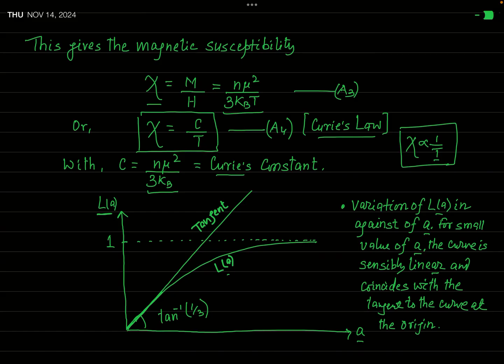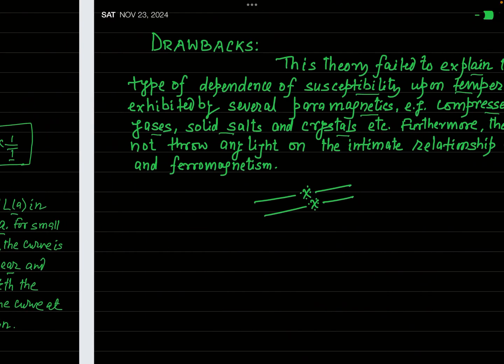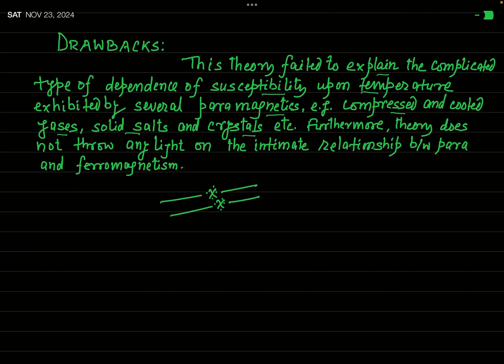But actually, can you say that this variation is always obeyed by all paramagnetic materials? Answer is no. As I have given here some examples, if you take a compressed and cooled gas, or a solid salt, or paramagnetic crystals, then you will see that chi is not inversely proportional to T. But how chi depends on T, that manner is very complicated.